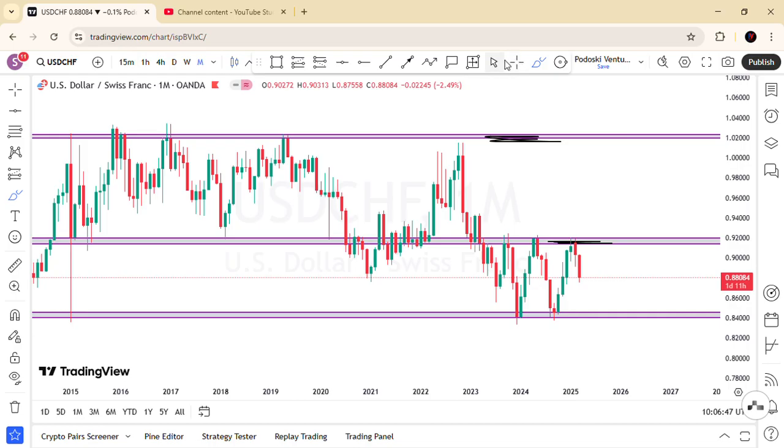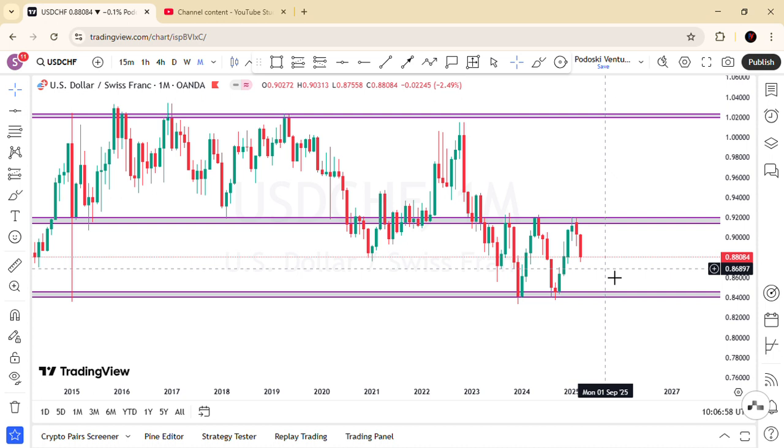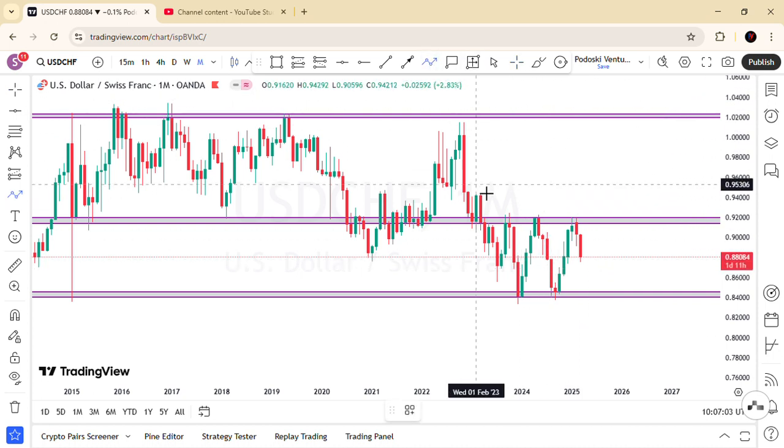So with that, since you already know USD CHF is bearish, you should be looking for selling opportunities. And this even also makes the selling very valid.